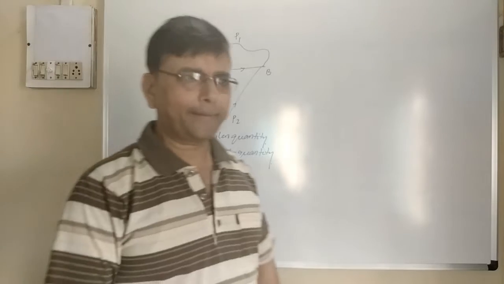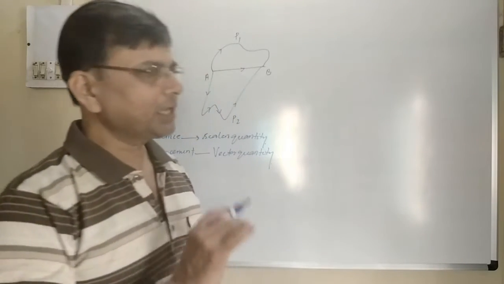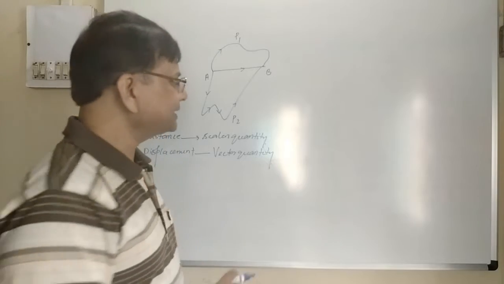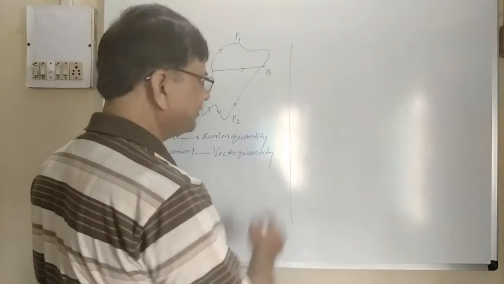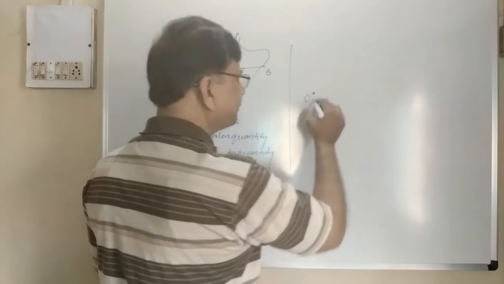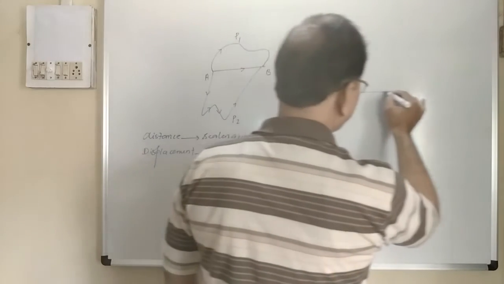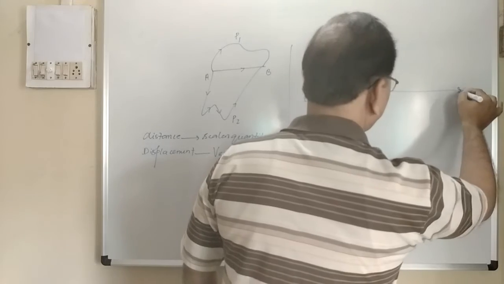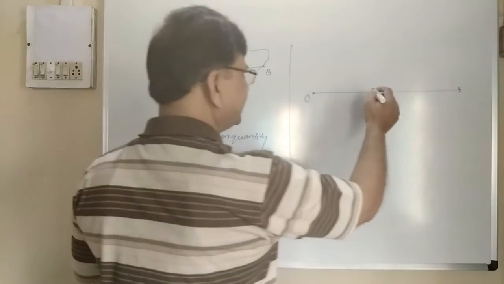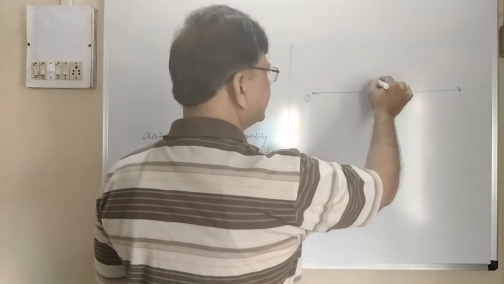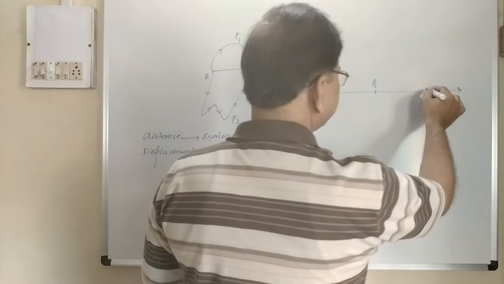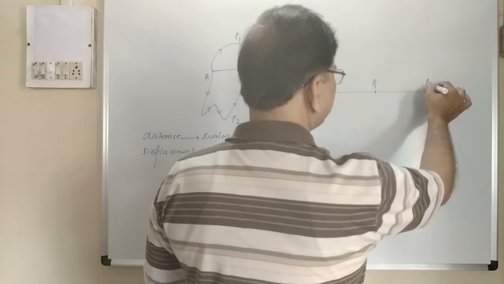Since we are dealing with the motion of an object along a straight line, we will understand by an example. Suppose from this point O along this line, an object is moving. Suppose the initial position over here is P1, then it reaches up to P2.